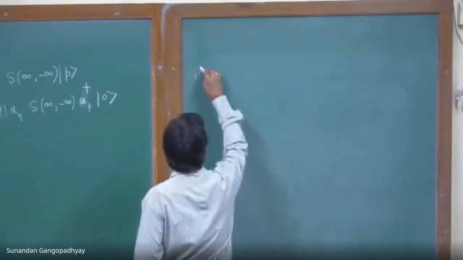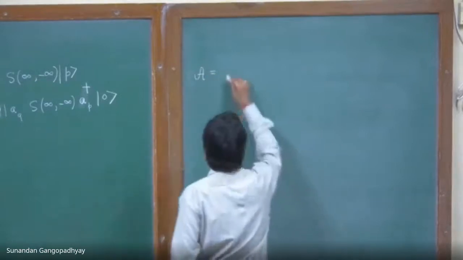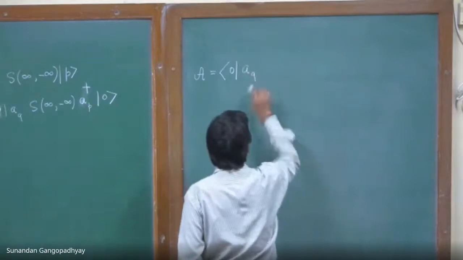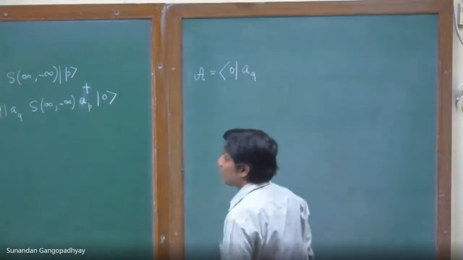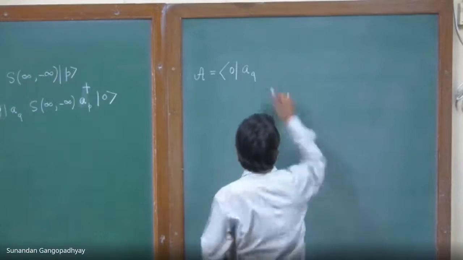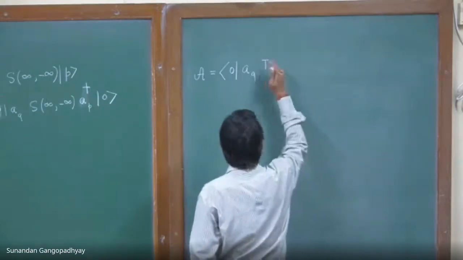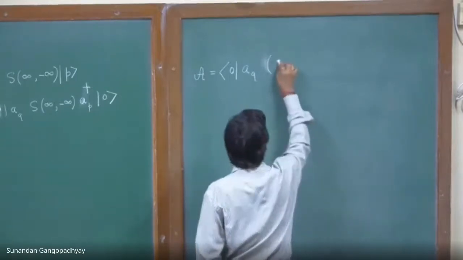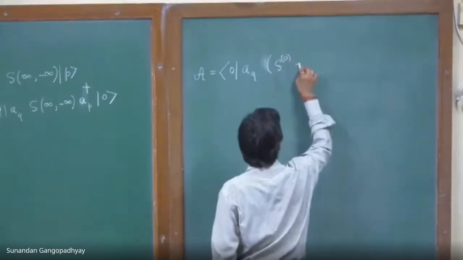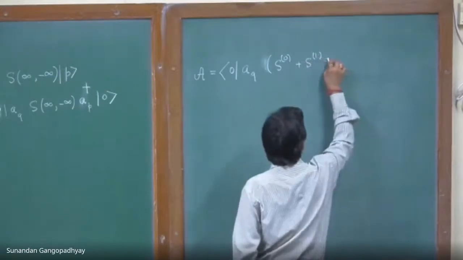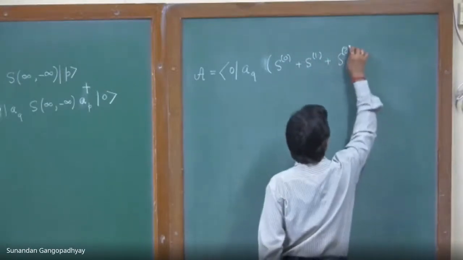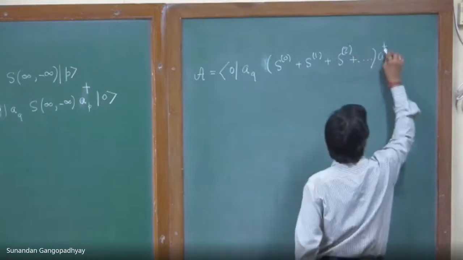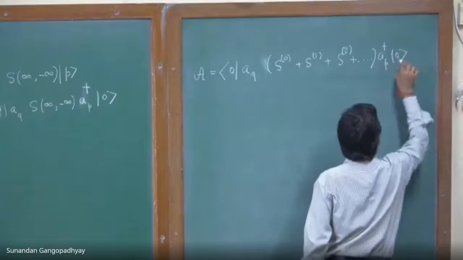The scattering amplitude therefore becomes a_q, the time ordered product, and you can write this as S0 plus S1 plus S2 and so on, and a dagger p in the free vacuum.